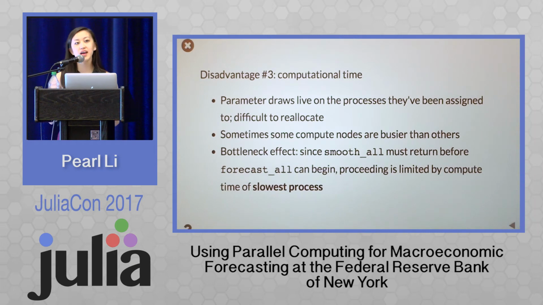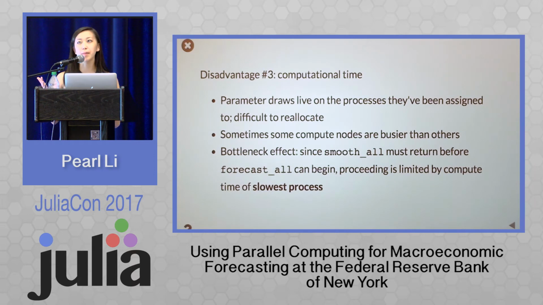In practice, some compute nodes are busier than others. So we at the Fed have this Linux cluster with 24 cores on each compute node. We have 10 compute nodes. So when you add these processes, our scheduler submits those processes to various compute nodes. And then perhaps we're midway through a computation, and then some other economist on the floor submits a lot of jobs, and they end up clogging up one particular compute node.